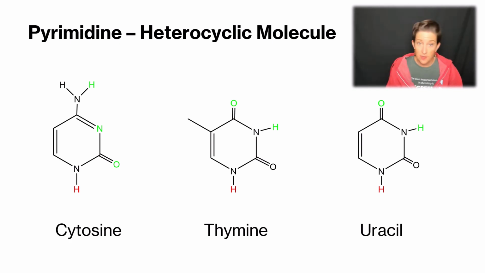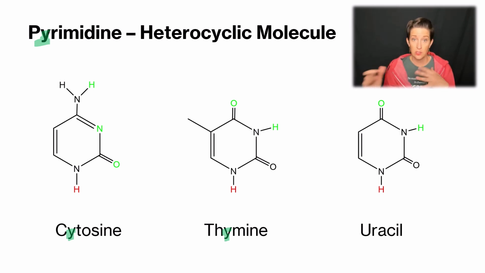Another way, at least for cytosine and thymine, is they have the Y in the name, just like pyrimidine does. So that's another way in which to recognize it based off name. Uracil is the RNA version of thymine. These are also heterocyclic molecules, but they're single rings instead of the bicyclic or double rings.